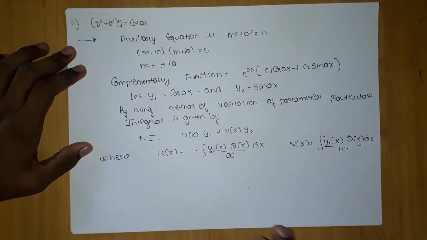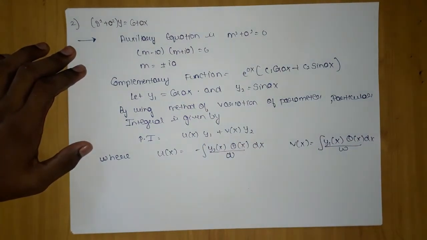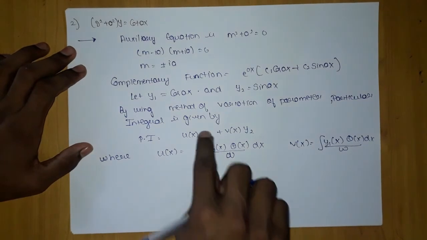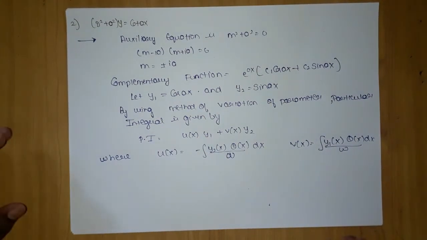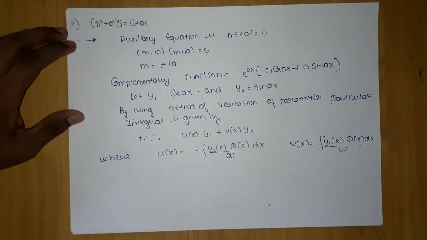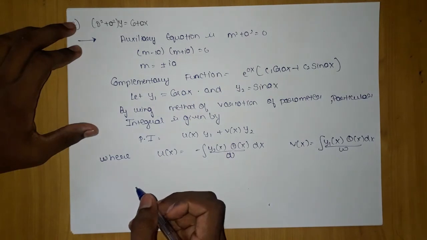Here you can also write y1 as a function of x, it's up to you, but if you write it here like y1 alone, then it will be wrong and your marks can be deducted. Okay, now let's try to solve this. First we will try to get the Wronskian constant.